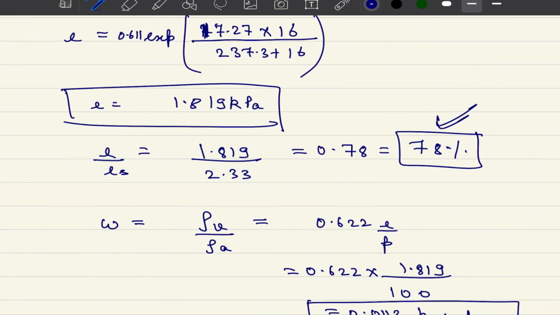Now another question arises: can this number be greater than 100%? Yes, it can be, because for condensation to happen, in addition to reaching the state of saturation, we also need certain conditions to facilitate condensation or precipitation at large scale, which we will talk about in the key drivers of precipitation.